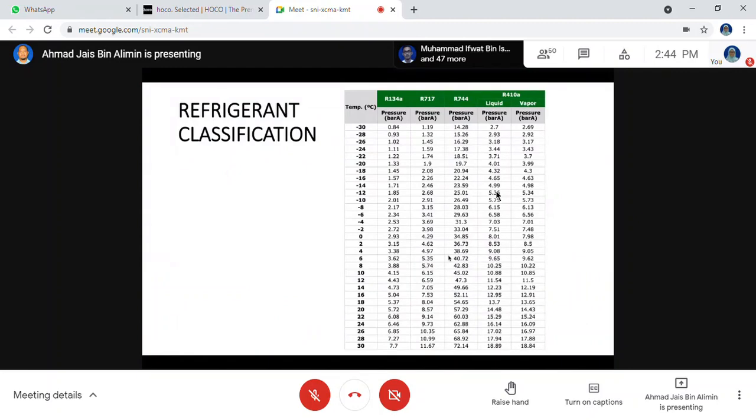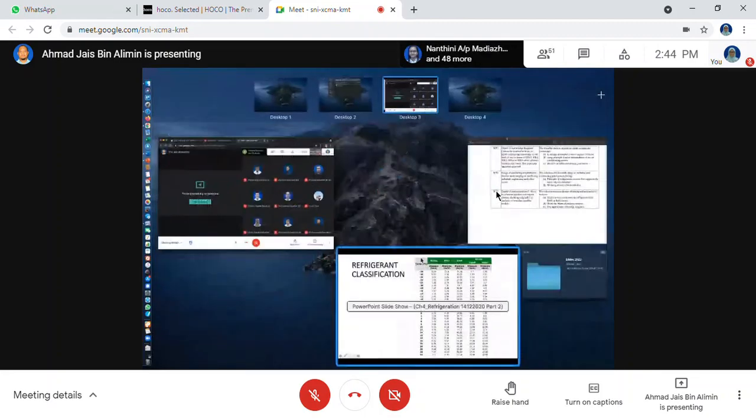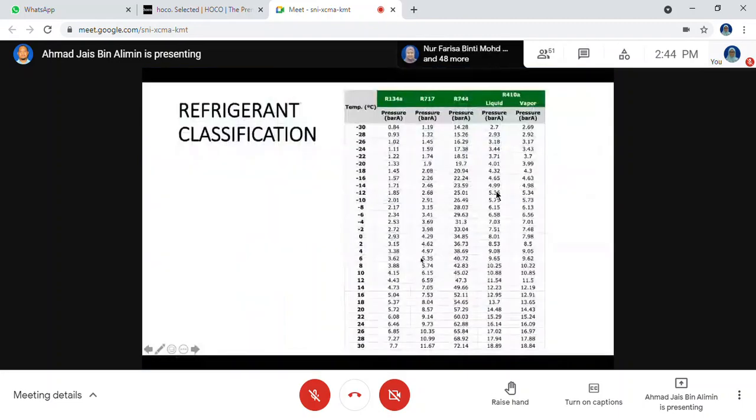Okay, another way to classify the refrigerant is based on the pressures at different operating temperatures. Okay, if you can see here, we have the R134A, R717, R744. Okay, sorry. R410A in liquid and vapor form.